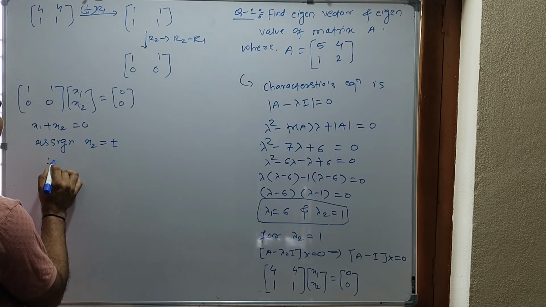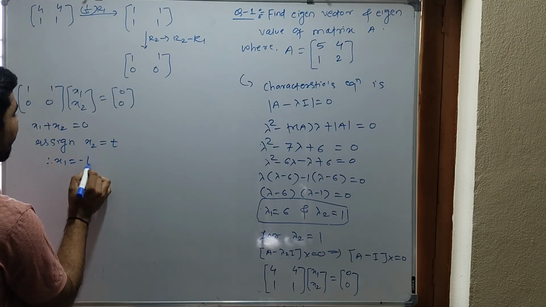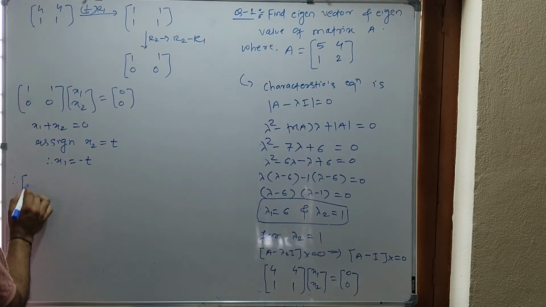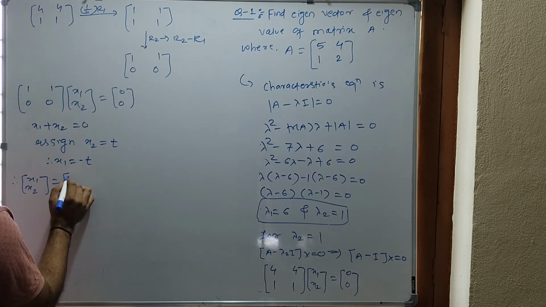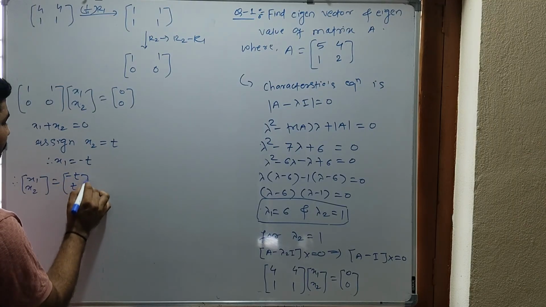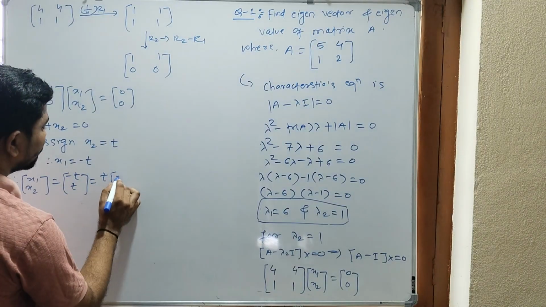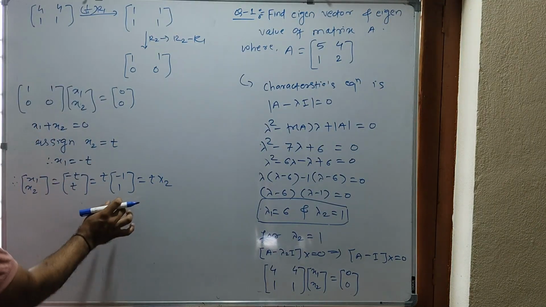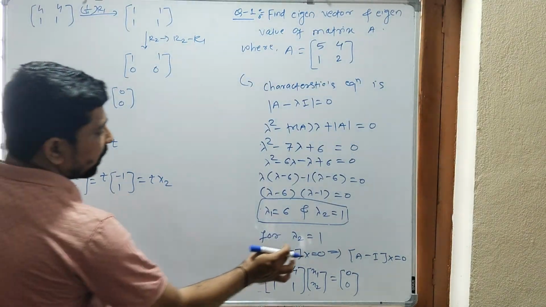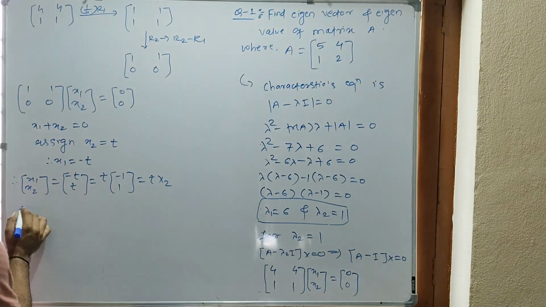Therefore x1 equal to minus t. So x1 x2 is minus t and t. Taking t as common, this is minus 1 1, which is t times x2. So this is the eigenvector corresponding to the eigenvalue lambda 2 equal to 1.